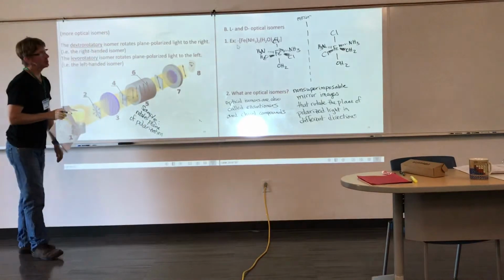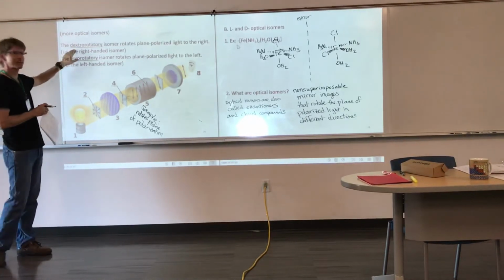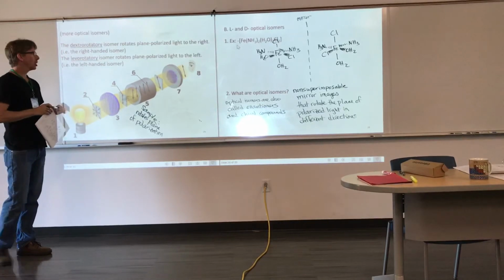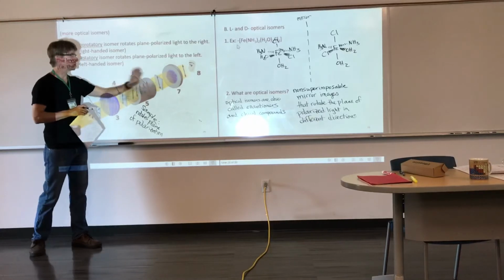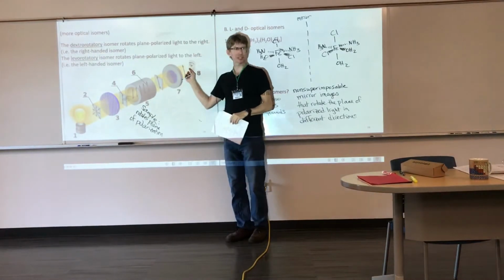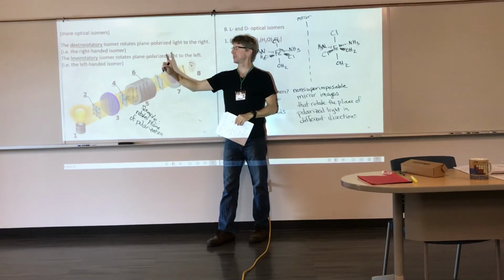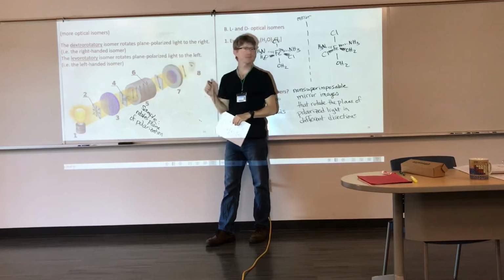When you get to organic chemistry, you'll come up with patterns to figure out which ones are levo and which ones are dextro. So in this, you'd have one of them. And since this one is rotating the plane of light, if I'm this person and I look at the light, it appears to go that way, which is to the right. And so this would be dextro.